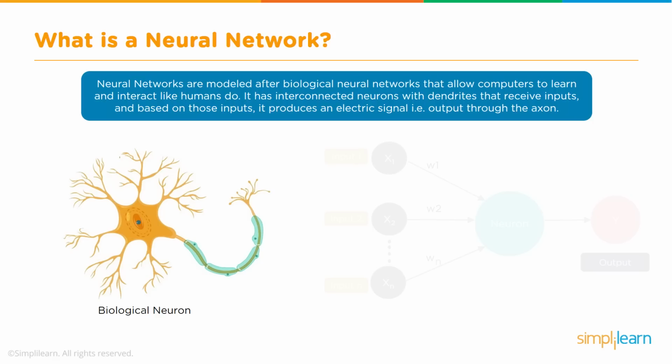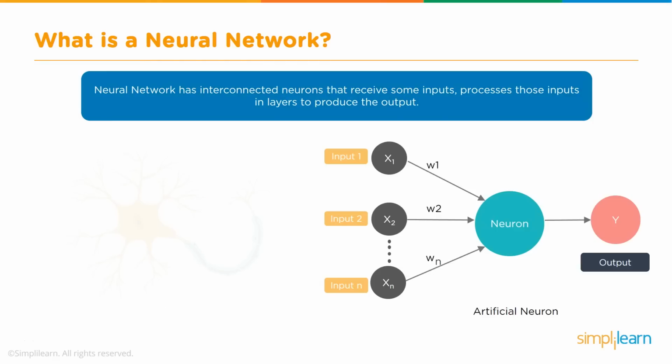This is how a biological neuron looks, and this is how an artificial neuron looks. So a neural network is like a simulation of our human brain. The human brain has billions of biological neurons, and we are trying to simulate it using artificial neurons.